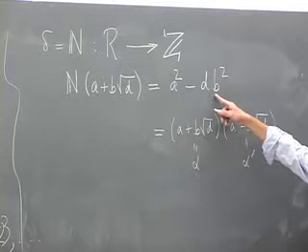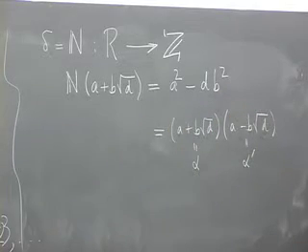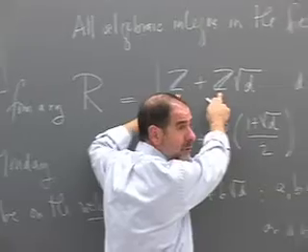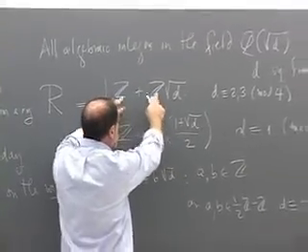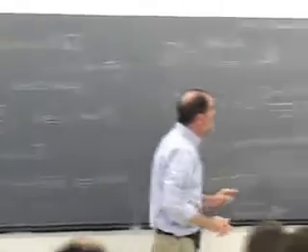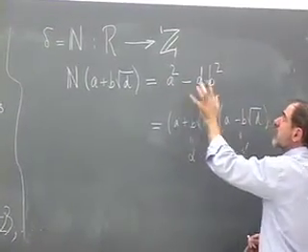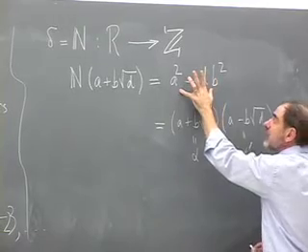That's not completely obvious. It's completely obvious in this case, when a and b are both integers. But you have to check that it's an integer when a and b are both half integers. But if a and b are both half integers, then the fact that d is 1 mod 4 means that this number turns out to be an integer.